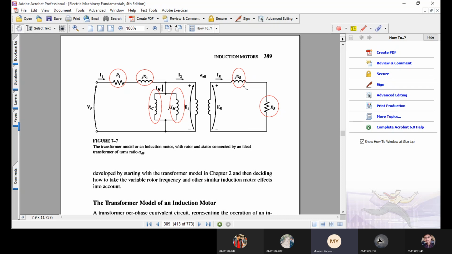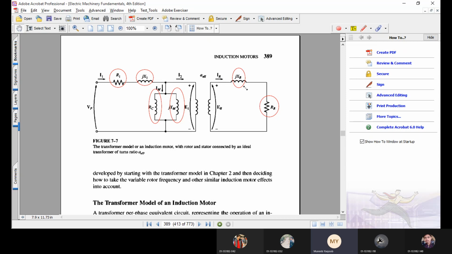It's not stationary. So if the rotor is rotating, then its frequency is not fixed, it is time varying. At the start, it would be maximum. It would be equal to the frequency of the main supply. That is, if the mains are supplying a frequency of 50 Hertz, it will be 50 Hertz. But when the rotor reaches a speed nearly equal to the synchronous speed, its frequency becomes 0.